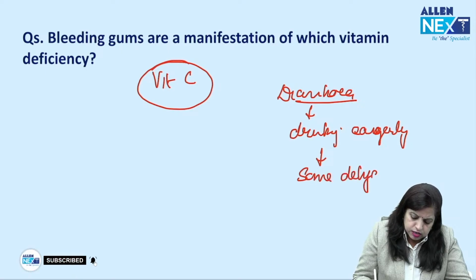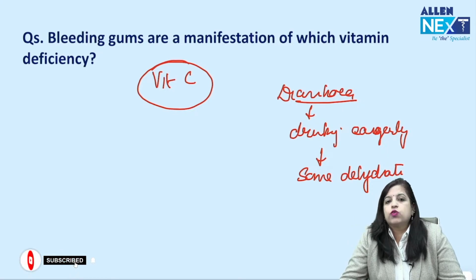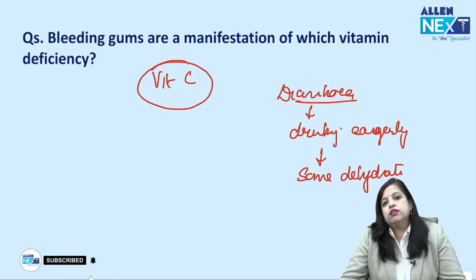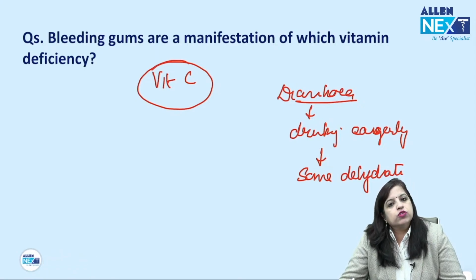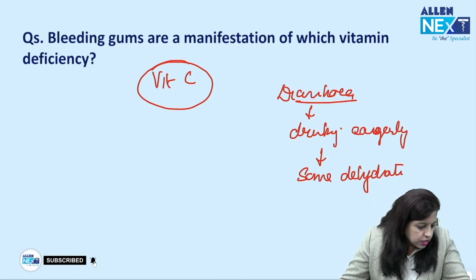If there was no drinking at all, if the child was not in his senses, was stuporous, was drowsy, then this is severe dehydration. And if the child was not having other features of dehydration and was drinking normally, then it is most likely no dehydration.